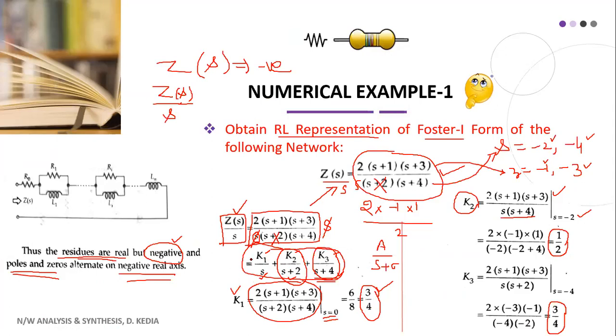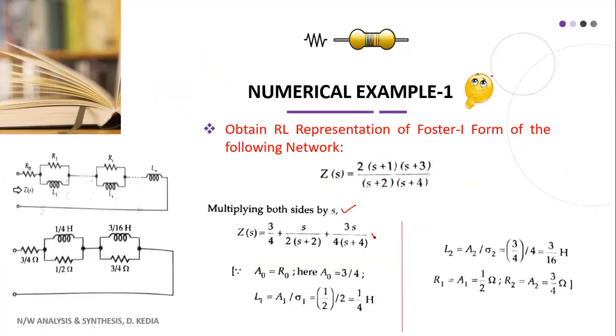So if you do that, it will be 3 by 4s, then 1 by 2 into s plus 2, then 3 by 4 into s plus 4, and then we again multiply with s to remove this s. So if you do that, you get 3 by 4 plus s by 2(s plus 2) plus 3s by 4(s plus 4). Okay, and now we have represented this ZS in the form of partial fraction and we can now identify elements directly.